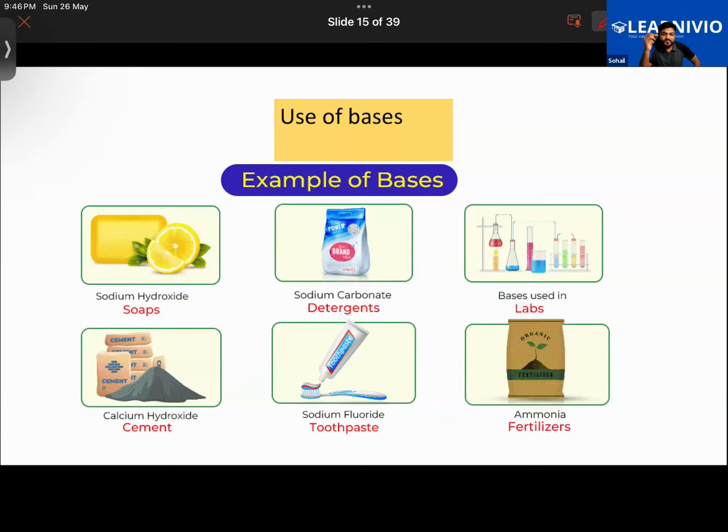The thing is that we developed the detergents, and we found out that detergents are basic in nature.